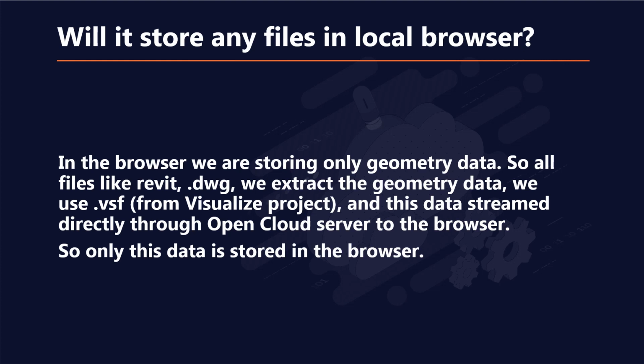For geometry data we use VSF, our Visualize Stream Format from the Visualize project. This data is streamed directly through the OpenCloud server to the browser, so only this data is stored in the browser.